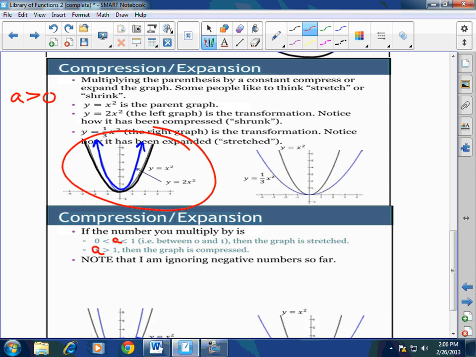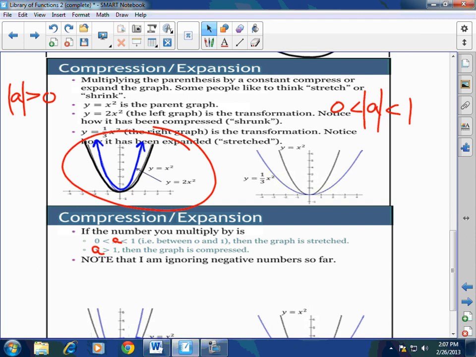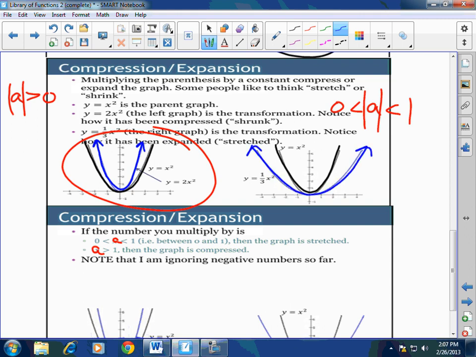If my A is greater than 0 but less than 1, and I'm sorry, this should be absolute value, if it is greater than 0 and less than 1, then I'm going to widen out. This is my original. Now I have y = 1/3 x². I widen it out. So when the absolute value of A is between 0 and 1, it is a horizontal compression.